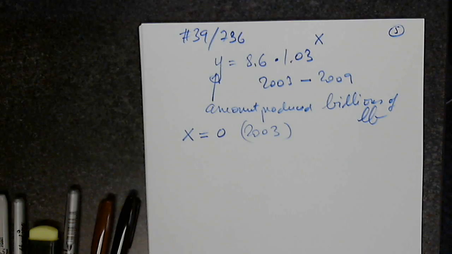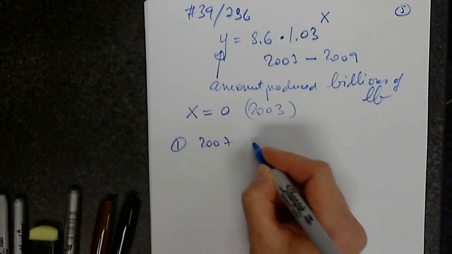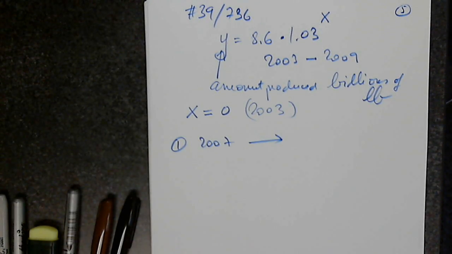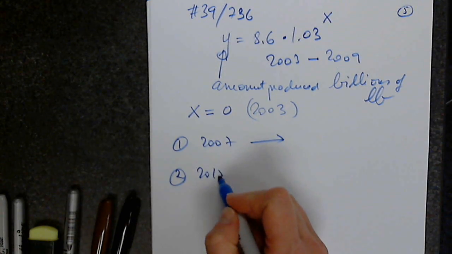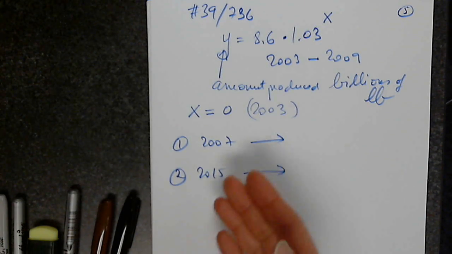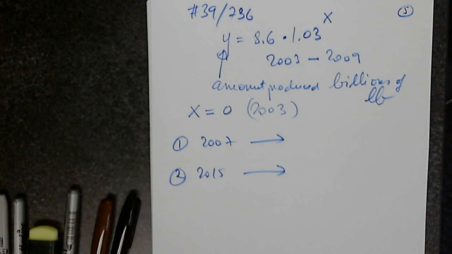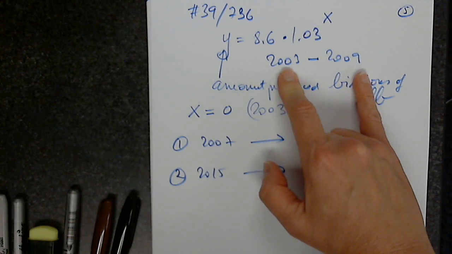First question: estimate the total cheese production in the United States in 2007. And second question, same thing in 2015. Assuming 2015 is outside of the range, so assuming that the model still continues, which we don't know if it does, because the model was created with the data between 2003 and 2009.